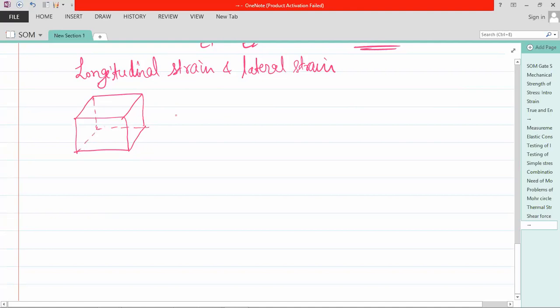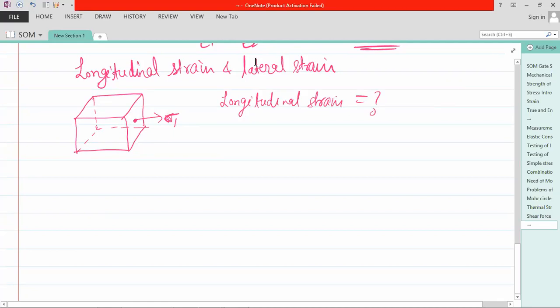Now suppose you applied sigma 1 on this face. You are getting where I am applying sigma 1. Now you need to find out in how many directions there is longitudinal strain, and what are their values?